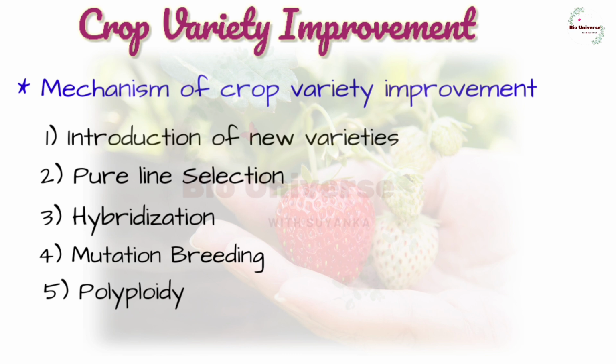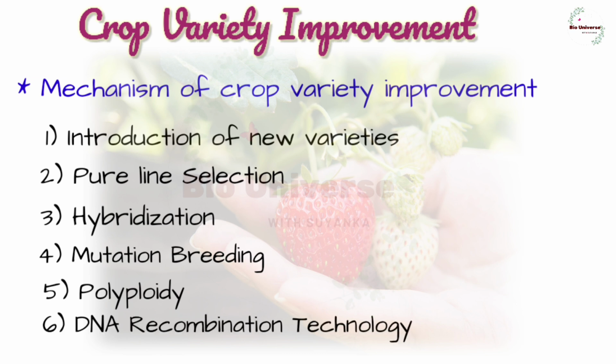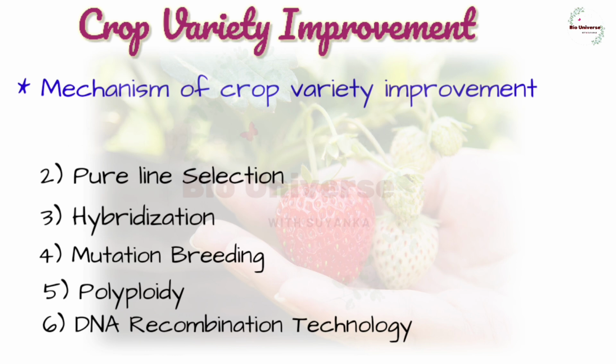Polyploidy is also a method for improvement in crop varieties by increasing the chromosome number. DNA recombination technology is the process by which genes of one organism are transferred to another organism to modify their characters. These organisms are known as genetically modified organisms.